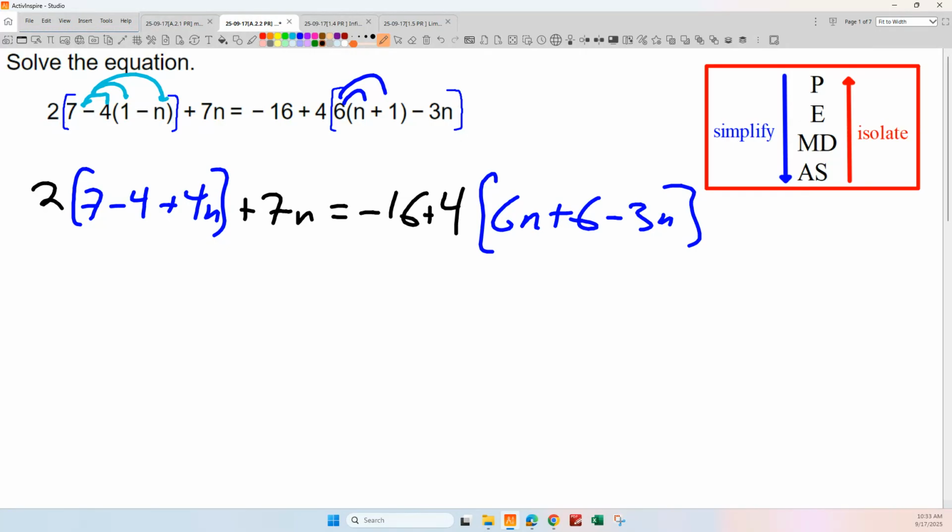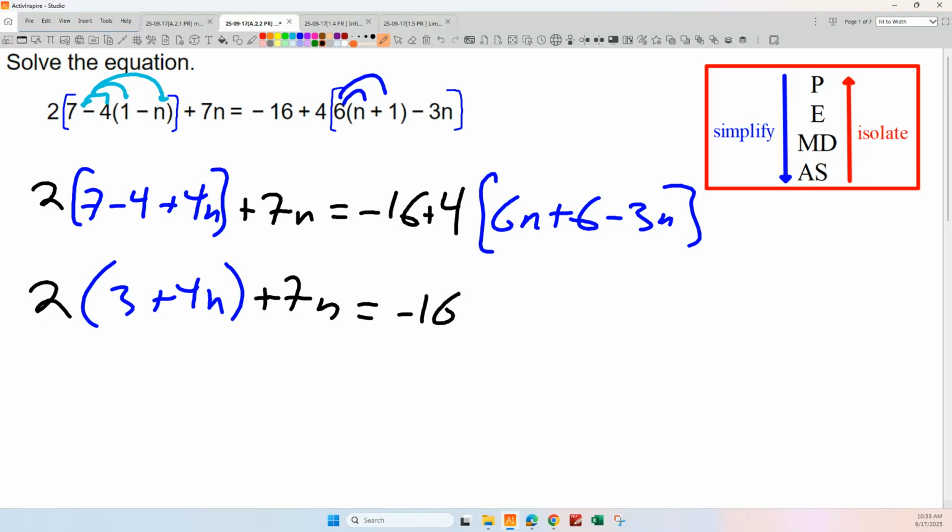So I end up with 2 times, I'm just going to make those parentheses, 3 plus 4n plus 7n equals negative 16 plus 4 times, same thing here, right? What terms could I combine in the second?